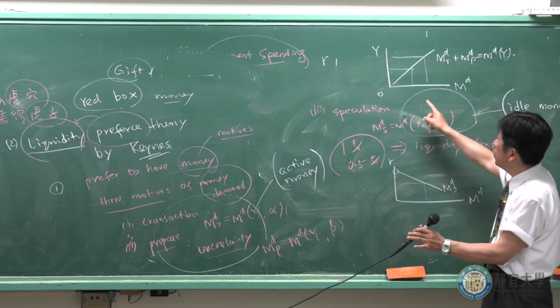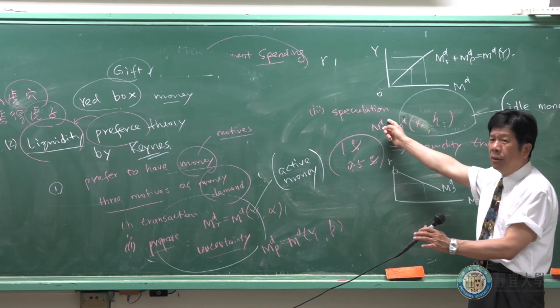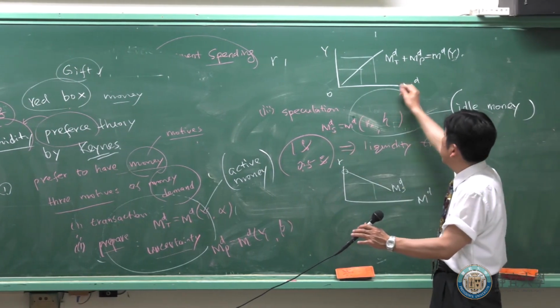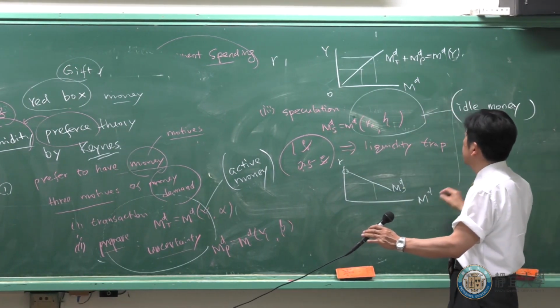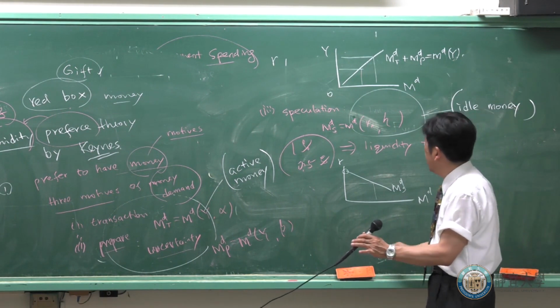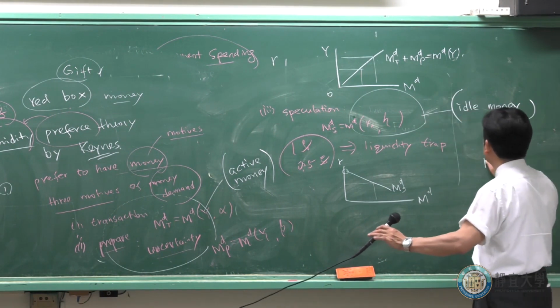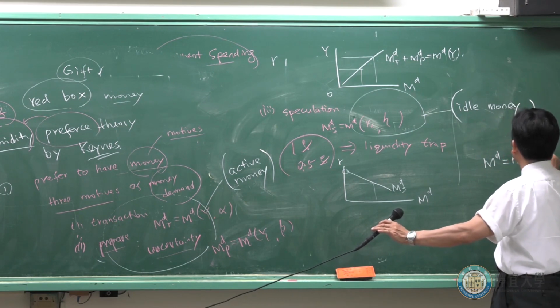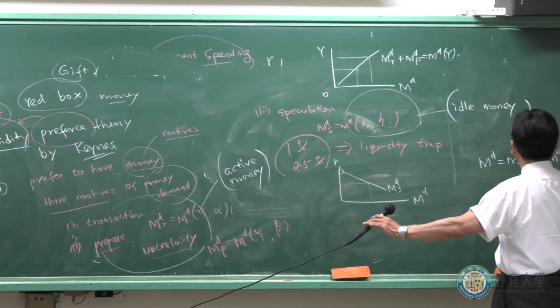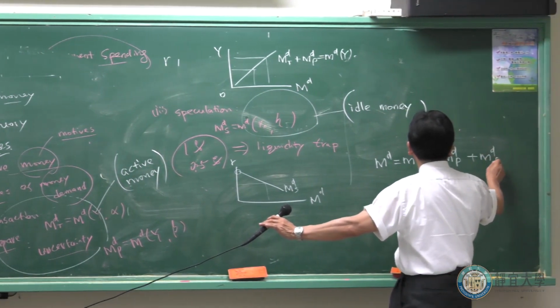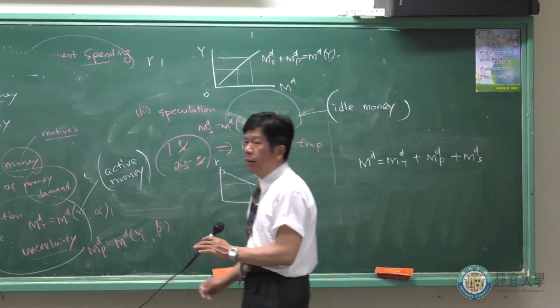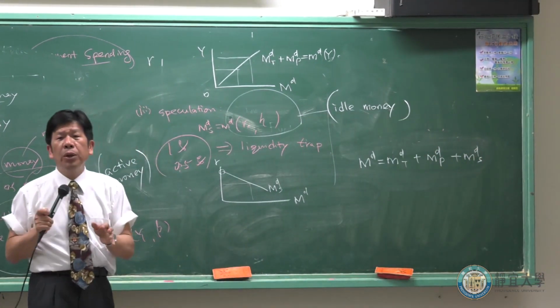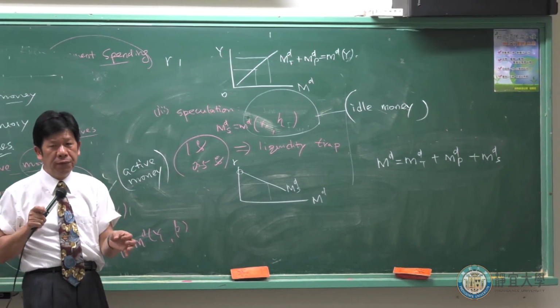So this is special for speculation. And after that, we can put them together. How to get together? Because MD equals MDT plus MDP plus MDS. Because we have three motives.